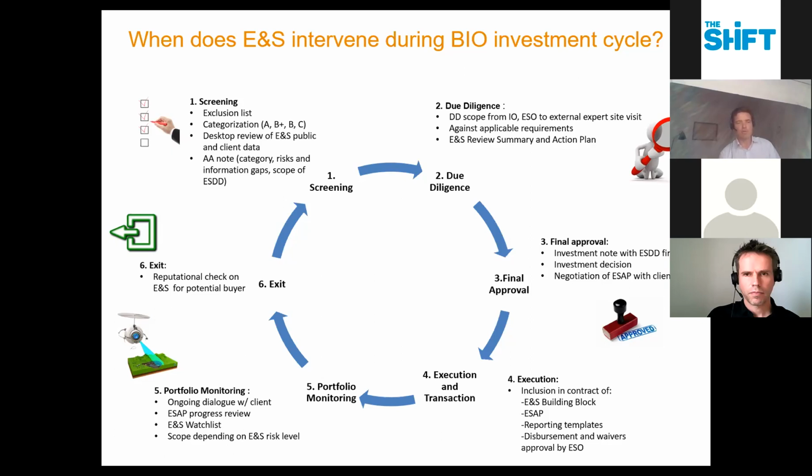If we have red flag issues, we may make them conditions subsequent to signing. So we tell the client, we will not sign until you have done this. And then also CPs for disbursement, where the client implements our recommendations, and only once this is done will we disburse the loan in several tranches. And then we have the monitoring phase, of course.